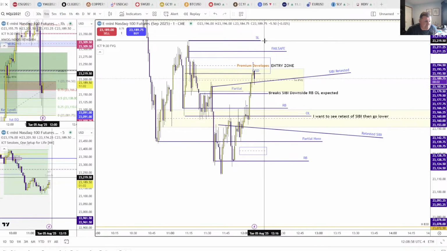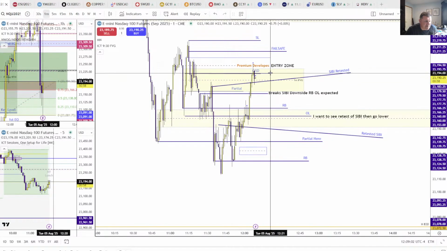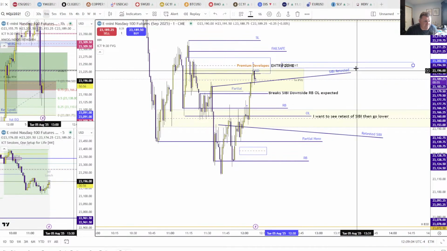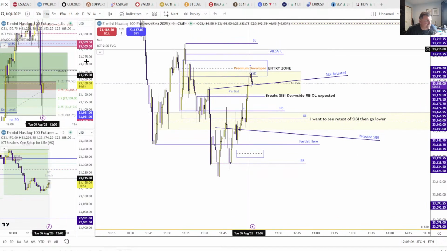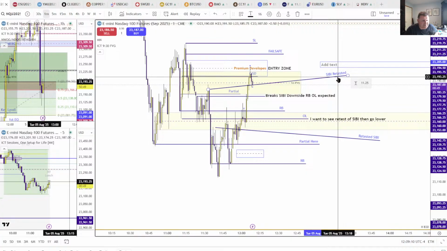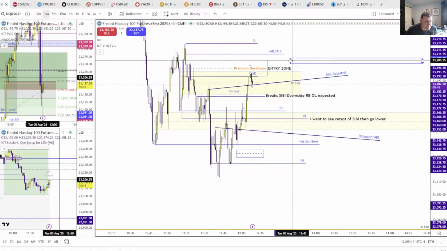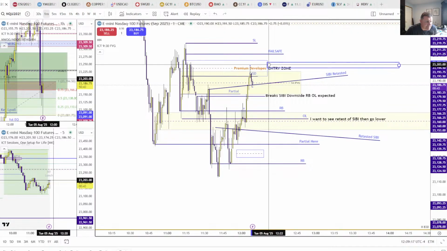So entry zone, that's your first objective right here. So that's one. I'll mark this out so you can see one. That's what you wait for first.